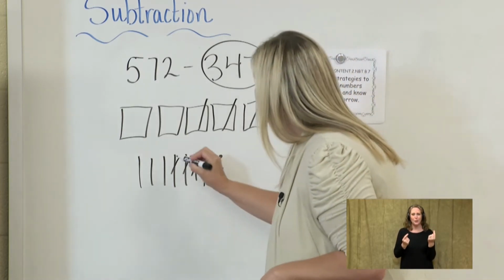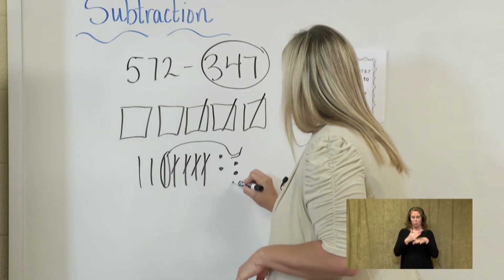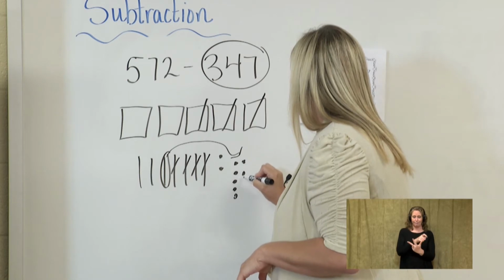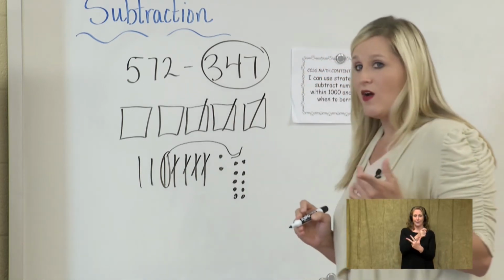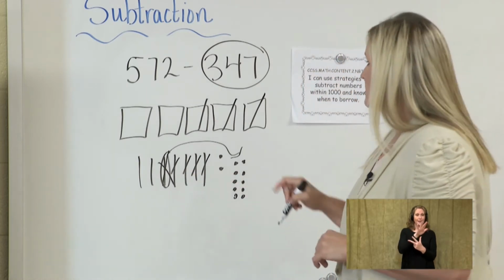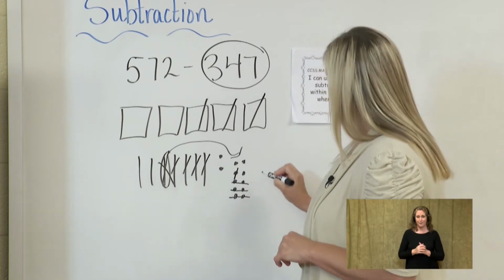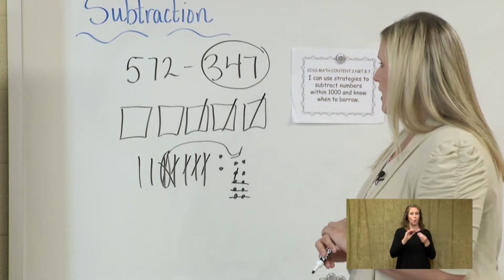We need to take that 10 right here, and we're going to break it up into ones. So now we have enough ones to subtract 7. So we're going to take away 7. 2, 4, 6, 7. So now what number do we have left?